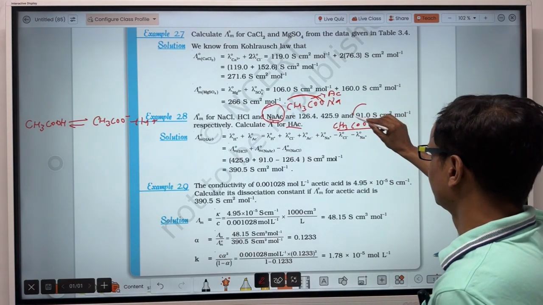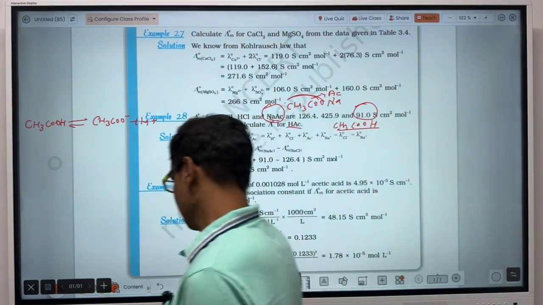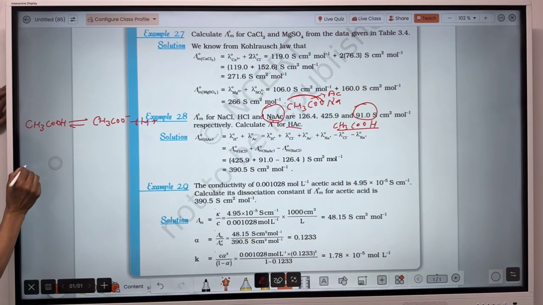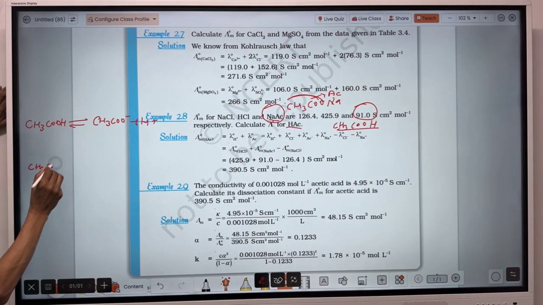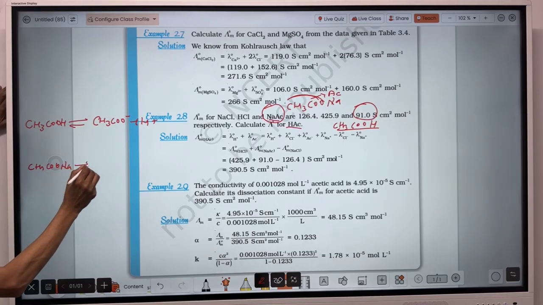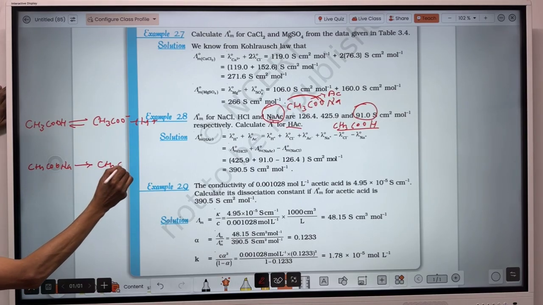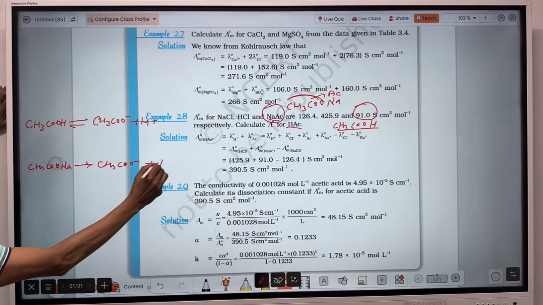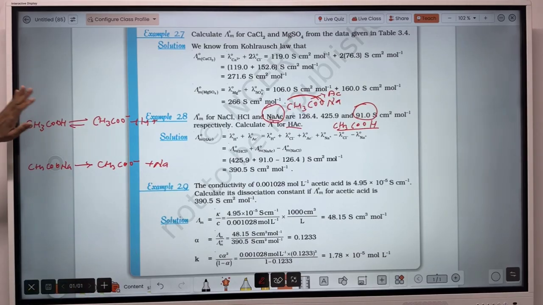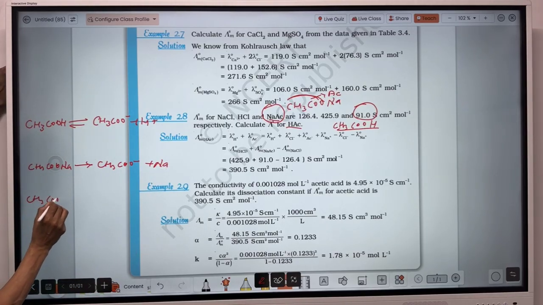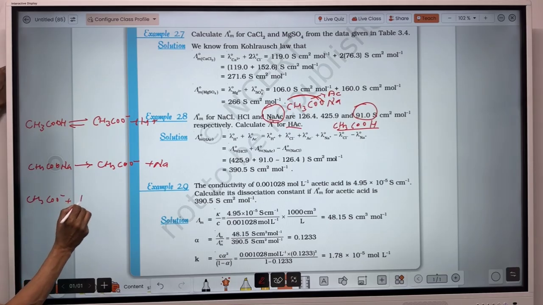So sodium acetate will dissociate to CH3COO minus and Na plus. So if you take sodium acetate, you will have the acetate ion and sodium ion also. Here you got sodium ion extra.